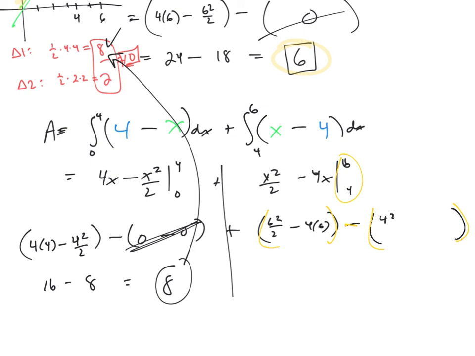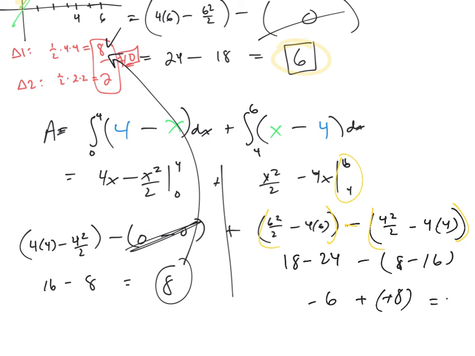Otherwise I lose my place. 4 squared over 2 minus 4 times 4. And this gives me 36 over 2, which is 18. 18 minus 24, minus, and then I have 16 divided by 2 is 8 minus 16. So I have a negative 6 minus a negative 8, and that's giving me 2.